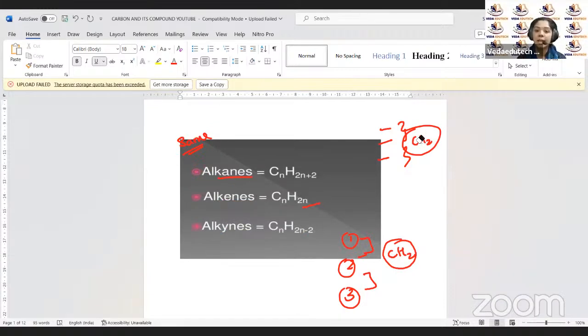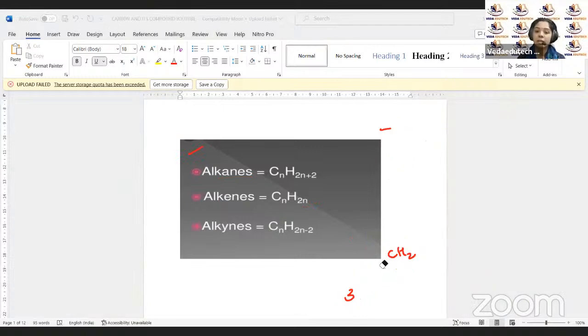We just need to follow this formula so that we can calculate the respective numbers. Here n means the number of carbon atoms. If I want to calculate for alkanes, I simply use this formula so that I get all the names of the members.